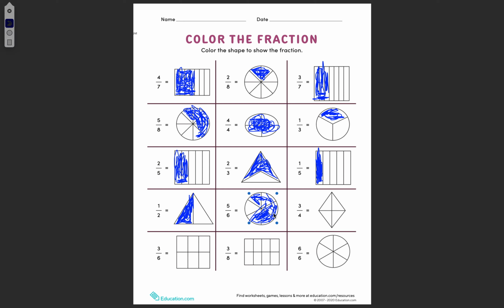3 out of 4. 1, 2, 3. 3/6. We could also simplify that to 1/2 by dividing by 3 on the numerator and denominator. 3 out of 8. 1, 2, 3.